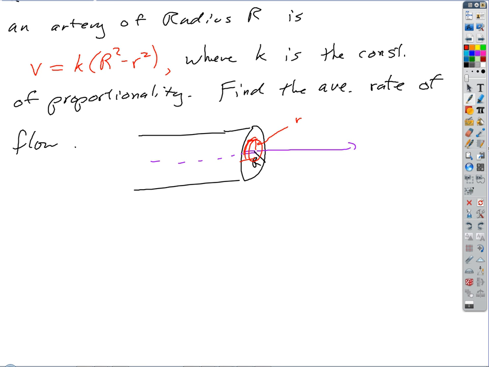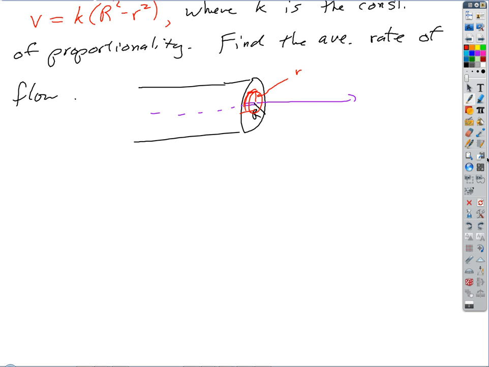You can't confuse the calculus graph we're going to draw with the physical situation. In calculus, we want to take this relationship and graph something like this: velocity or speed as a function of radius, right? Does that make sense? And this is the function, okay?